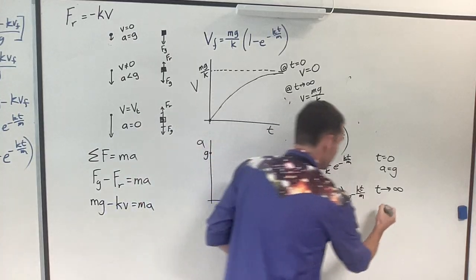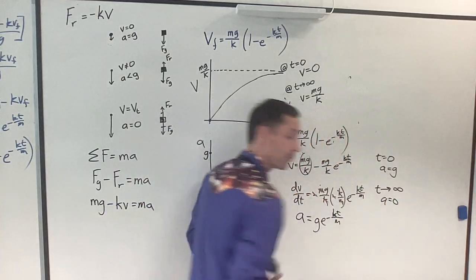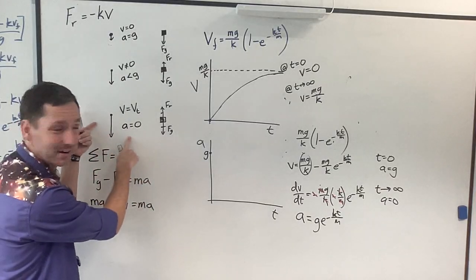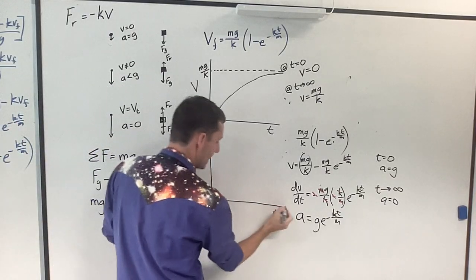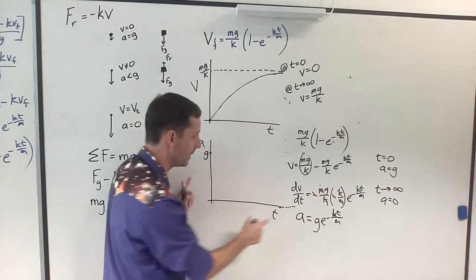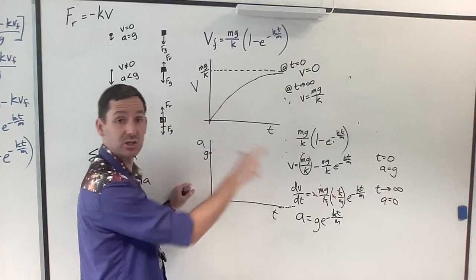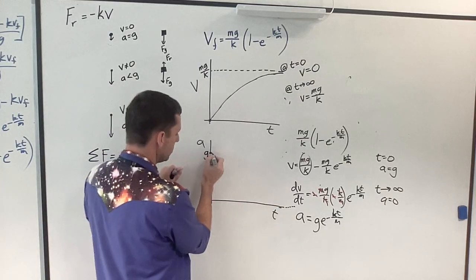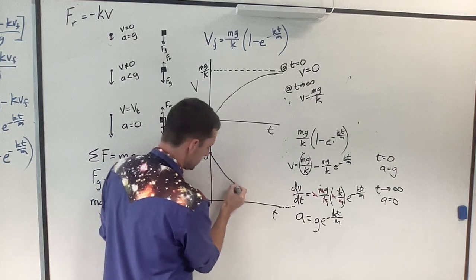And so therefore, the acceleration is 0. Well, that's good because we said the acceleration should be 0, right? And so therefore, I should have an asymptote down here at 0. That as time goes on, as time approaches infinity, I should be getting closer and closer to 0. So therefore, I expect it to look something like this.